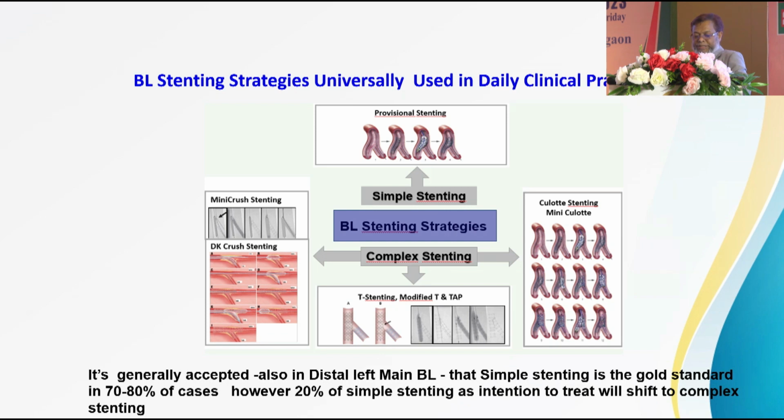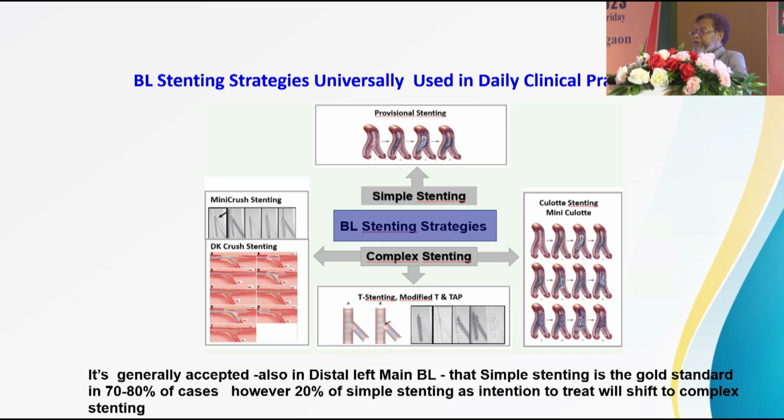In bifurcation lesion stenting, we know the different stenting types. It may be provisional stenting: if it is a simple bifurcation, do simple provisional stenting, and if a second stent is required, provisional side branch stenting will be done.